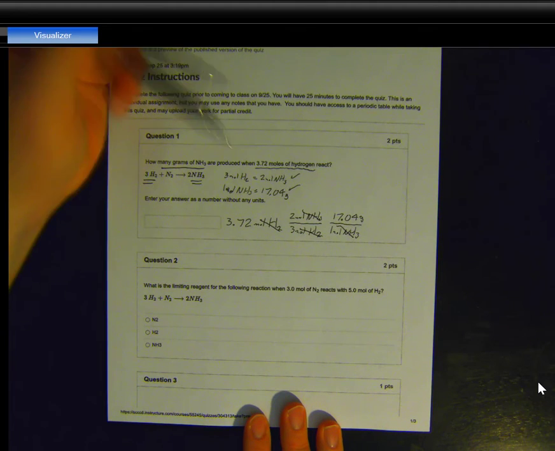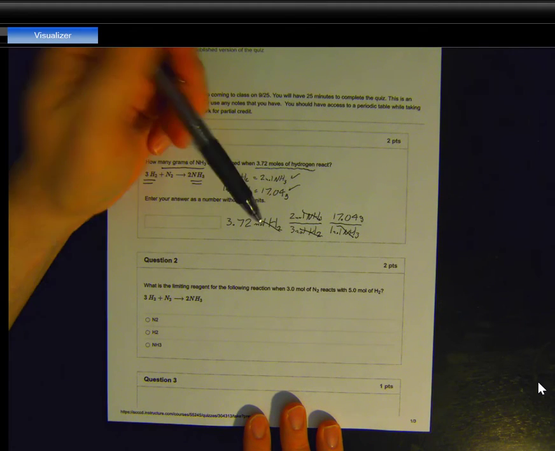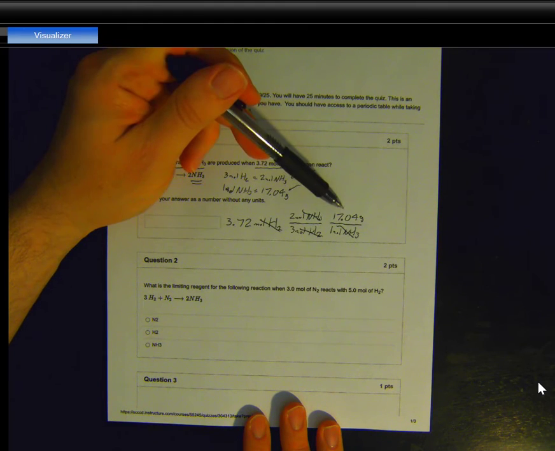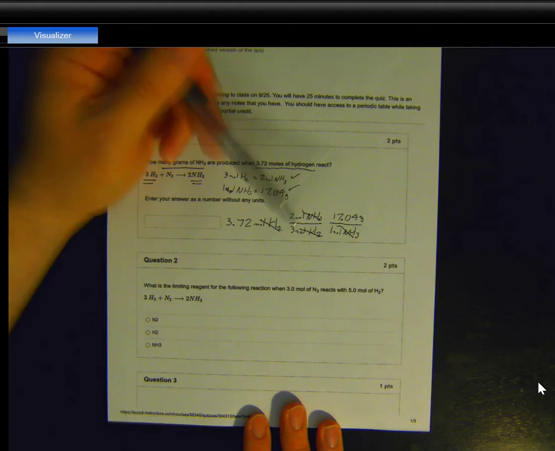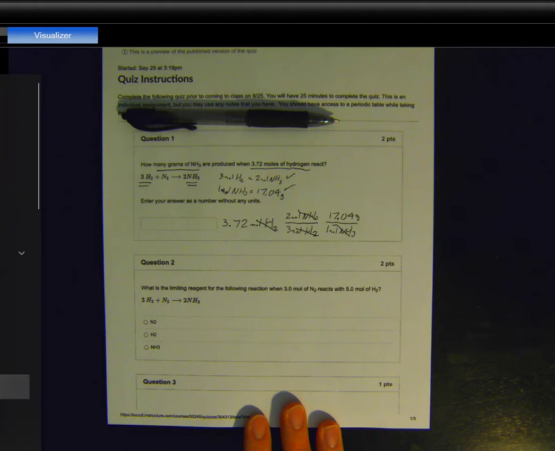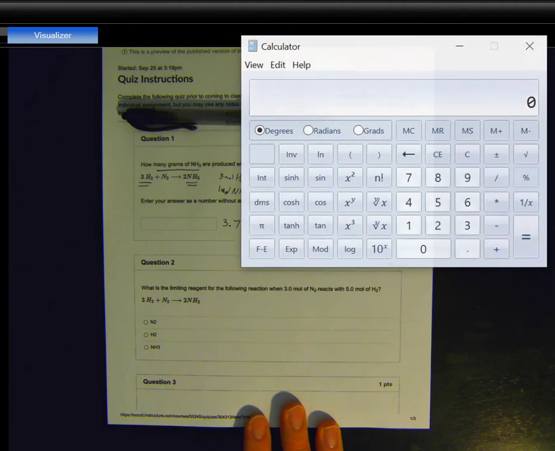So what we're going to do, we're going to multiply across the top. So 3.72 times 2 times 17.04, and then divide across the bottom, so divided by 3. Let me go ahead and open my calculator here, and we'll look at that, doing that calculation together.